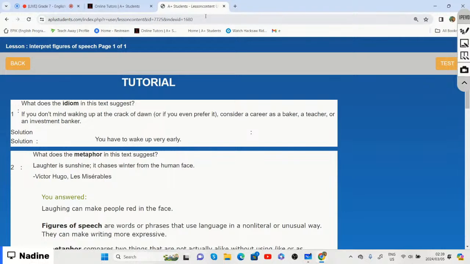So we can look now at the idiom. What does the idiom in the text suggest? "If you don't mind waking up at the crack of dawn, consider a career as a baker, teacher, or an investment banker."